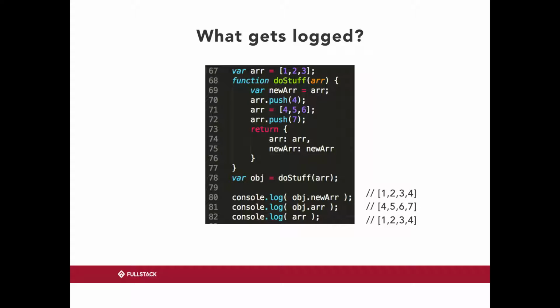If the parameter was a different name though, like ARR1, would that still be pushing the 4 to the global ARR? Yep. So in this function, let's say on line 67 we call it ARR global, so this will become ARR global. And let's say when we pass the ARR global into line 78, rather than call it ARR, we call it ARR local.